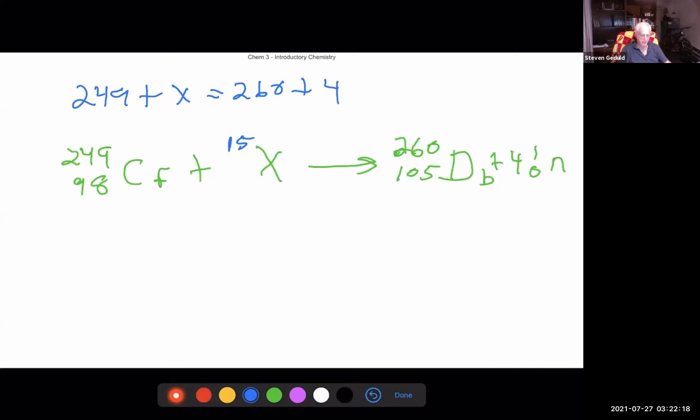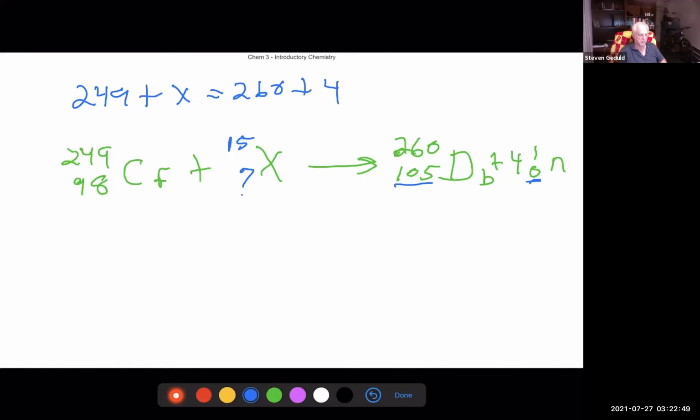So 98 plus what equals 105, because this is 0 here. That's just a neutron, so no protons. 98 plus 6 is 105. No, 7. Sorry. I can't add tonight. It's been a long night. 98 plus 7 is 105. Just got to make these numbers all equal, tops and bottoms. And there's 4 of those number ones, that's all.